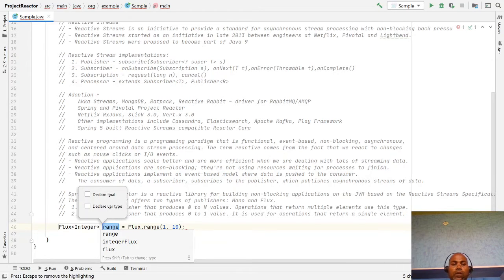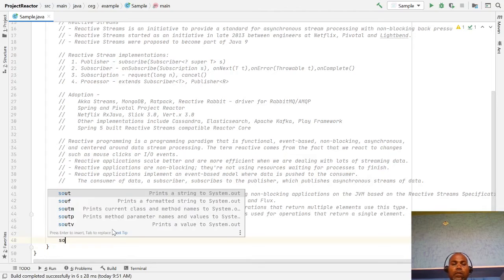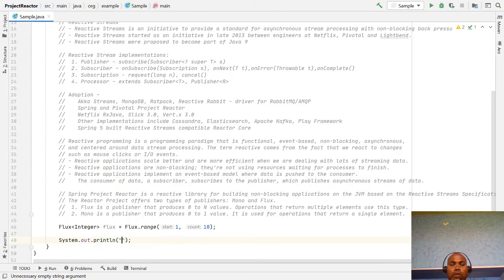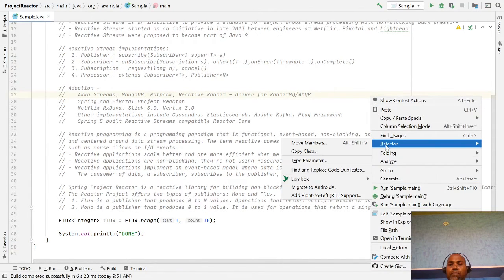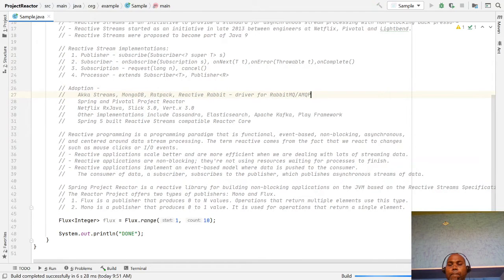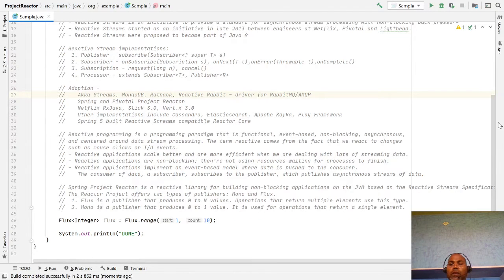This is your Flux. Let's just run my program and see if it is running. Done.